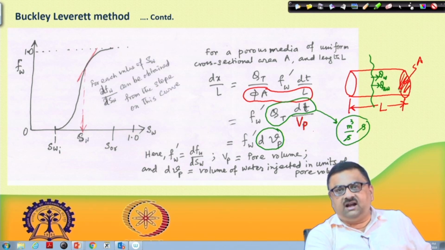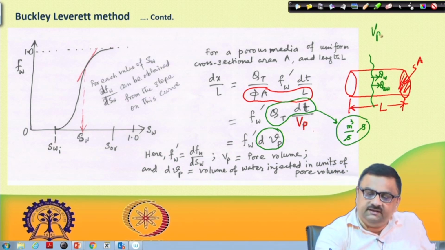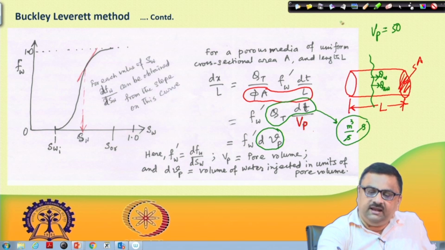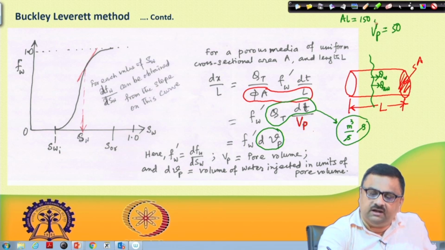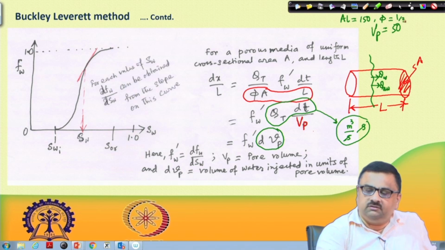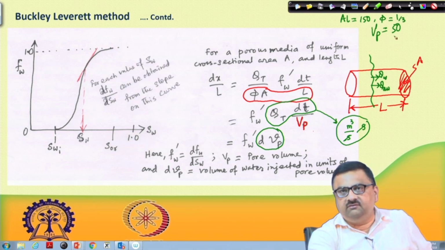The total volume is 150 ml, and the porosity is 1/3. Multiplying 150 by 1/3 gives 50, so 50 milliliter is the void volume. So my Vp is 50, and A into L gives the volume of 150. I arrived at Vp equal to 50 because we assumed phi equal to 1/3.